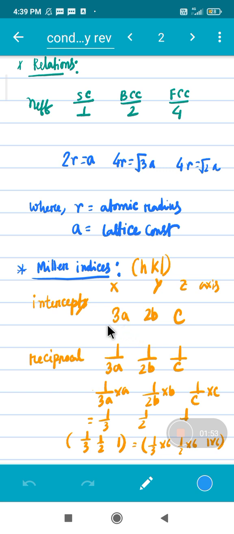I have to take the reciprocal, and then multiply with the lattice parameter along the respective directions. I will get this type of fraction. As you can see, if I multiply with the factor 6, I get the Miller indices. In this way you can find Miller indices. Okay, this is an example. You can do a similar way to get other cases also.